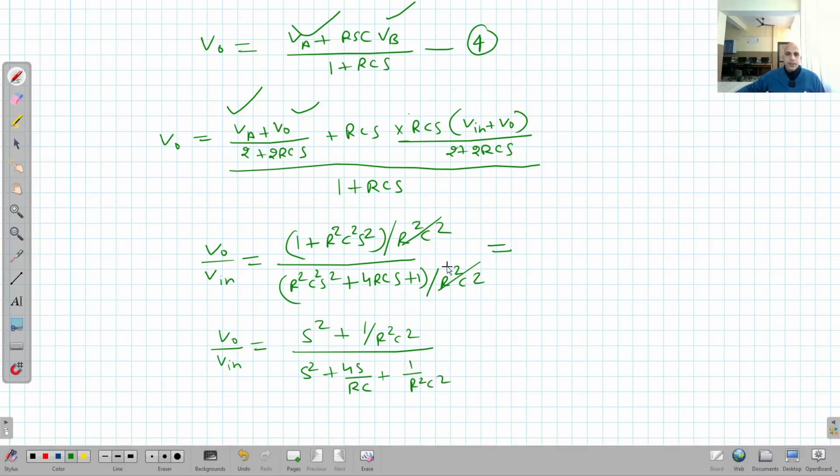I divided both numerator and denominator by R square C square.